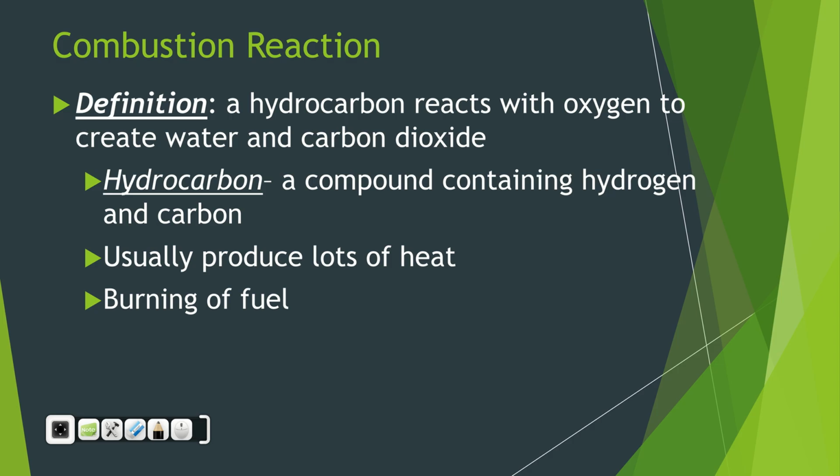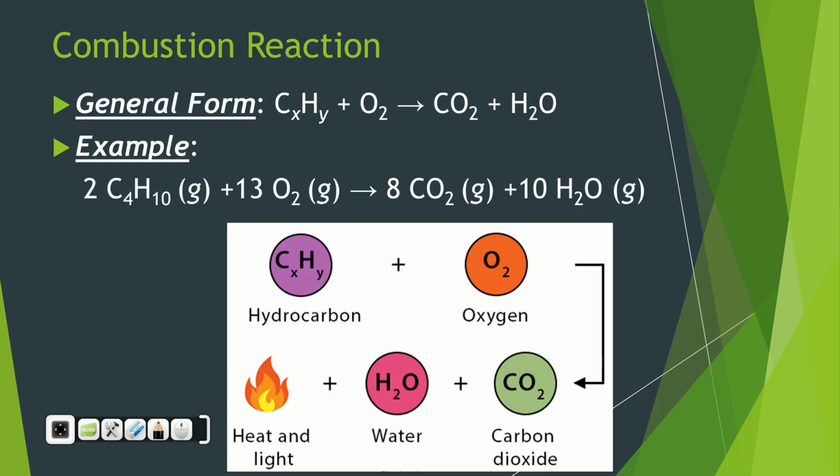I think some people think it's a double replacement or a single replacement. I don't know why, but please be very careful with that. It always forms water and carbon dioxide. These reactions, in terms of properties, produce a lot of heat. Burning of fuel is an example. So here's your general form. You have some hydrocarbon, so some CH compound.